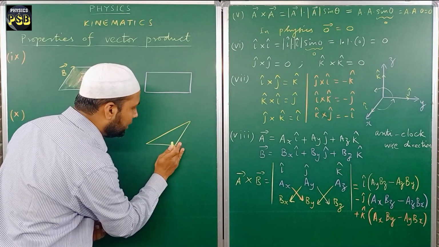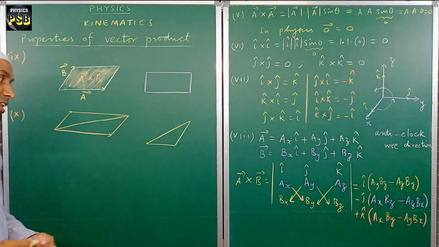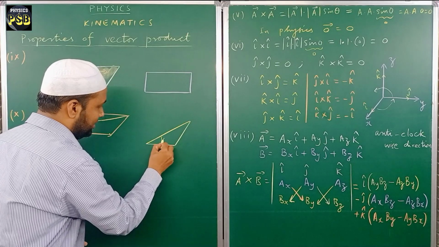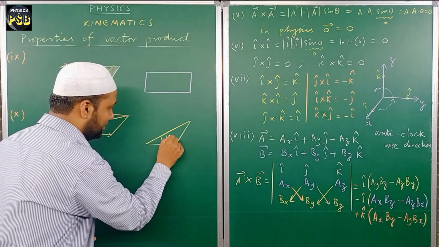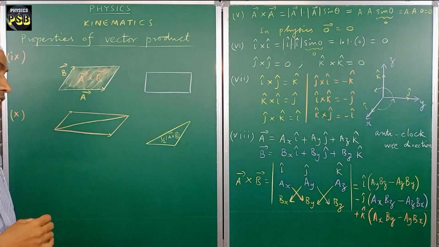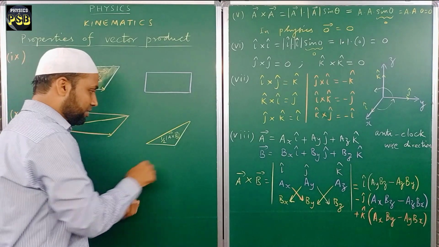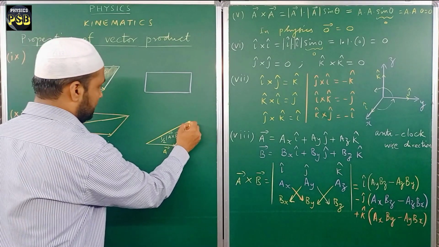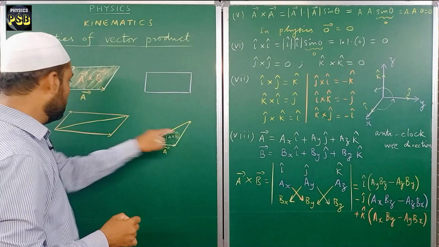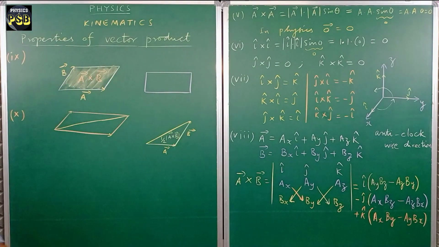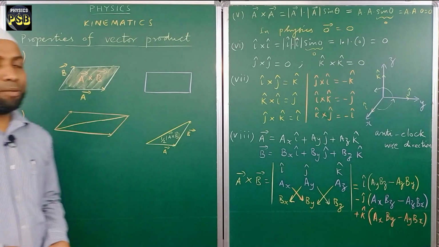This is what I obtained. And here the triangle I obtained will have an area equal to half of the magnitude of A vector cross B vector. Here this line represents the vector A, and this line, which is parallel to this line, represents vector B. Understand? So these are some of the properties of vector product.